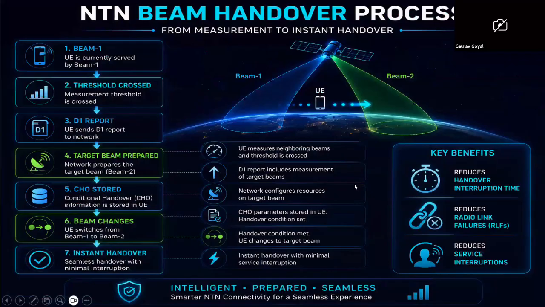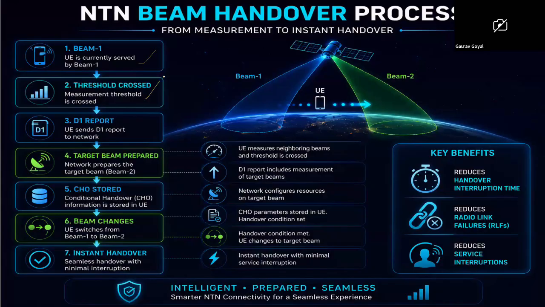So what happens after D1? The UE sends a measurement report to the serving gNodeB. The report contains serving beam information, UE location, etc. The gNodeB then prepares the beam switching, CHO (conditional handover), and the handover command before the coverage is lost. So again, the UE is currently serving beam 1.